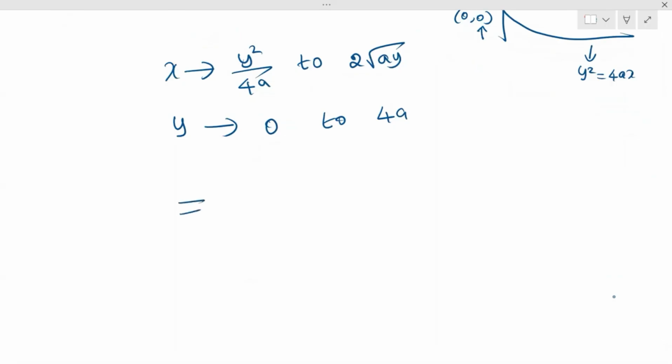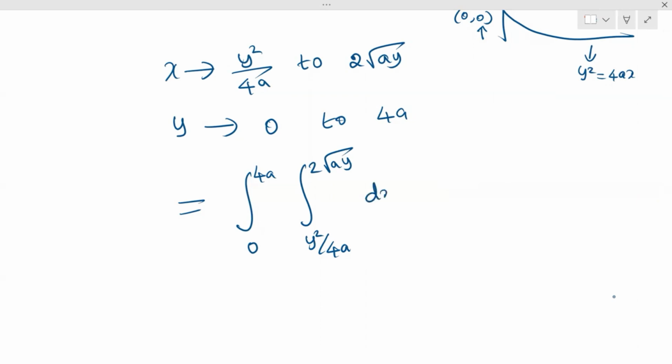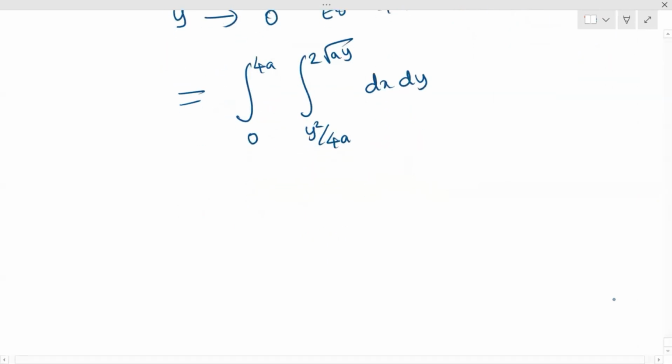So area equals the integral from 0 to 4a of y square by 4a to 2 root of ay. Here this is for the variable x, so the order should be dx dy. First, we do the integration with respect to x.